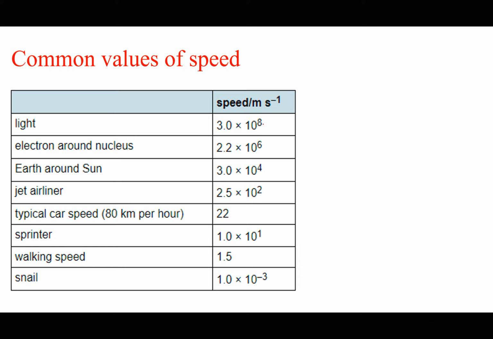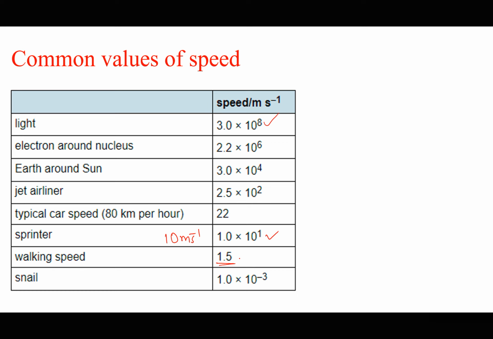At least we should be aware of the speed of light. We should also be aware of the speed of a sprinter. A sprinter, such as Usain Bolt, is expected to run at around 10 meters per second, because the examiner may ask you to give estimates of the speed of a sprinter in a race. Then the walking speed of a normal human being is about 1.5 meters per second.